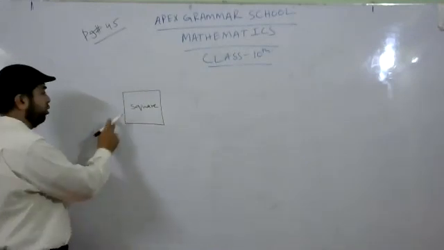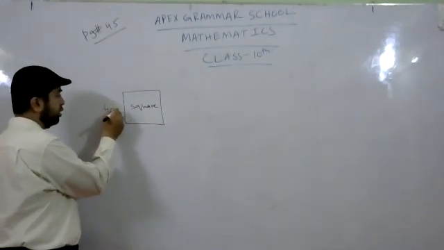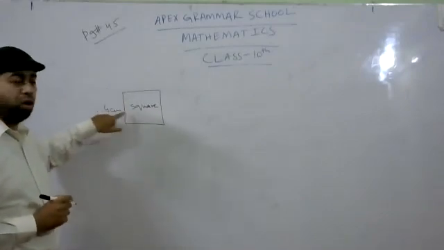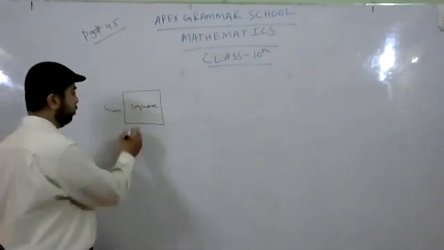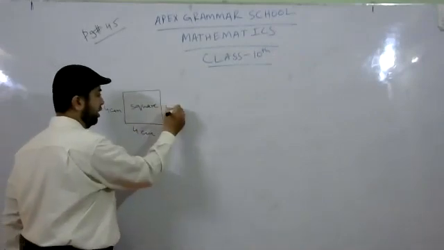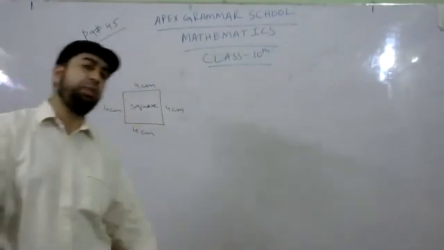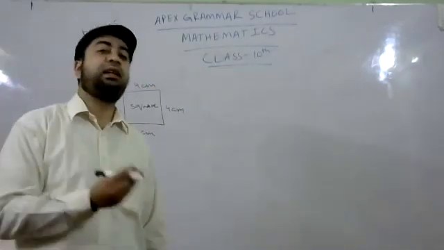If we suppose that this length is 4 centimeter, then for a square, all the sides are equal. This is also 4 centimeter, this is also 4 centimeter, and this is also 4 centimeter, because for a square, all sides must be equal. So, what is its perimeter?